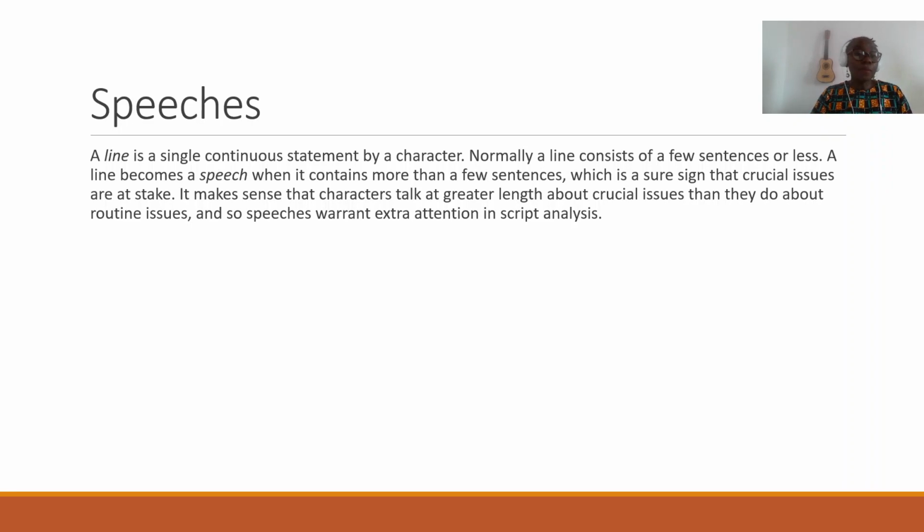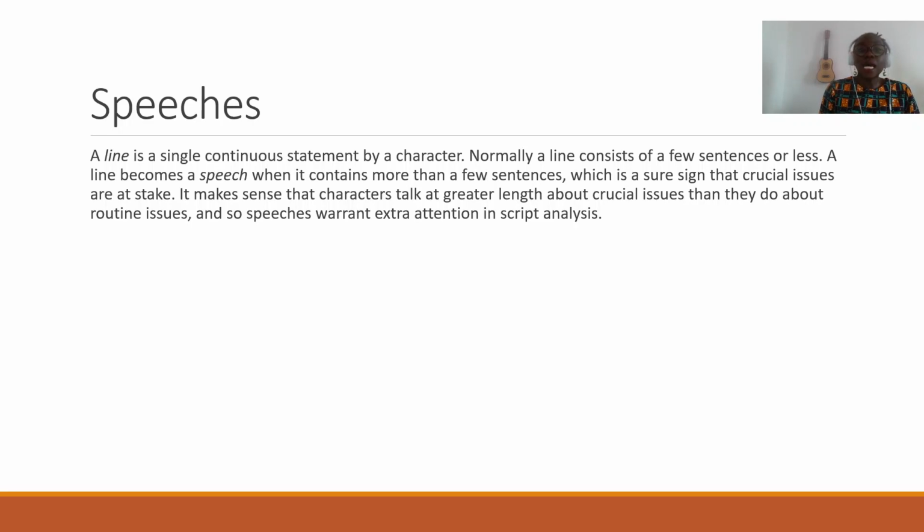Now, a line becomes a speech when it contains more than a few sentences, which is a sign that there are crucial issues at stake here. Something important is being discussed here.